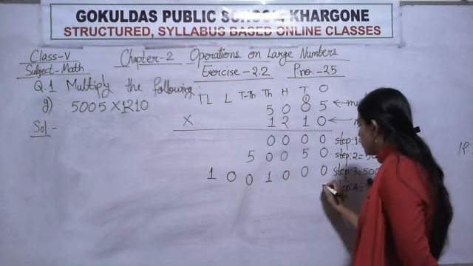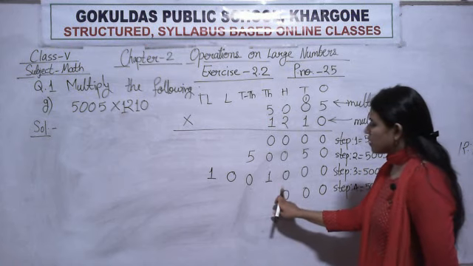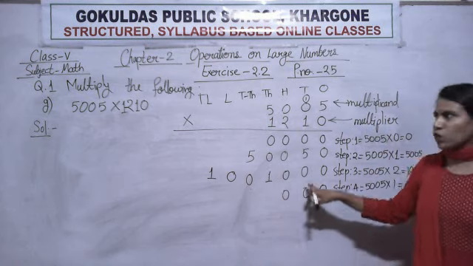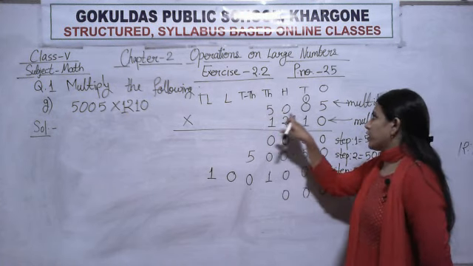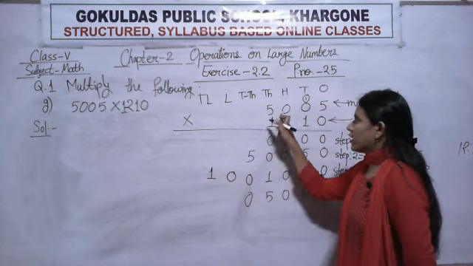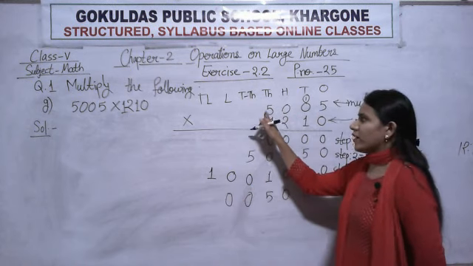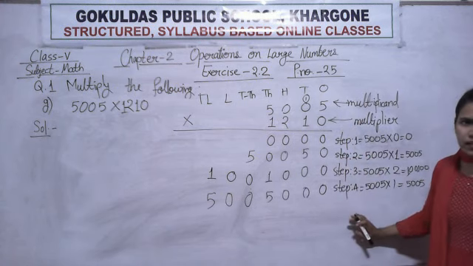So you have to put 3 zeros now. In 1000, 3 zeros are there. That is why, here also, 1 is at thousands place, so we are putting 3 zeros. Now multiply. 1 5 is 5. 1 into 0 is 0. 1 into 0 is 0. 1 5 is 5. Okay. We have done all 4 steps.